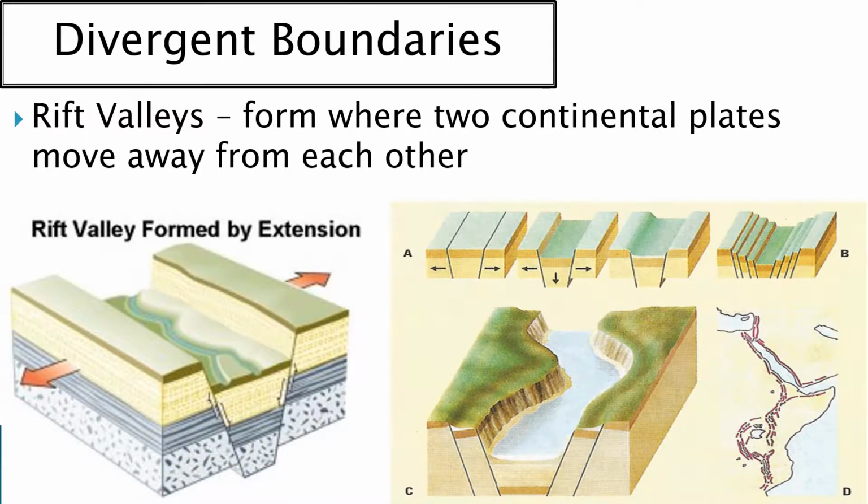Rift valleys are formed where two continental plates move away from one another. And so this is where you have a divergent boundary occurring on a continent. So over time, as these pull apart from one another, the interior is going to start falling down, creating these valleys.